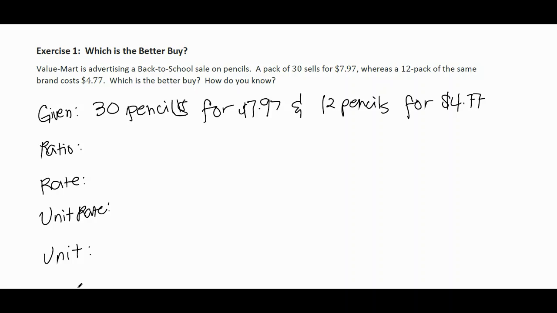One of the most important things that you need to find first is the unit, so that you can know how you're going to write the ratio properly, how you're going to have the rate, and of course the unit rate. So, which sounds better? Is it going to be pencils per cost or cost per pencil?